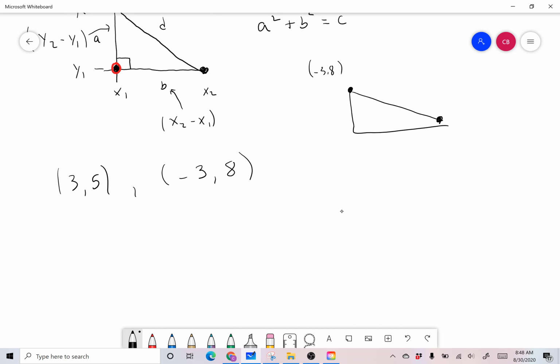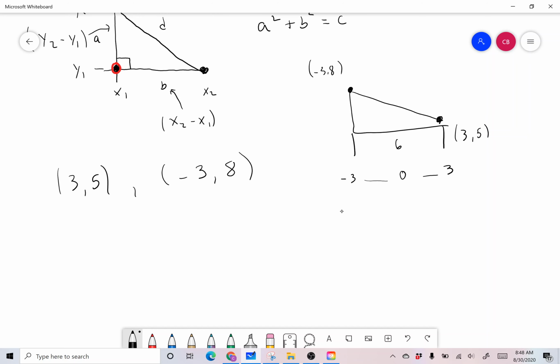Here is, I'm sorry, that's +3, 5. Okay. So from here to here, this is -3 to 3, while here's 0 in the middle. So you go 3, you go 3, that's 6.